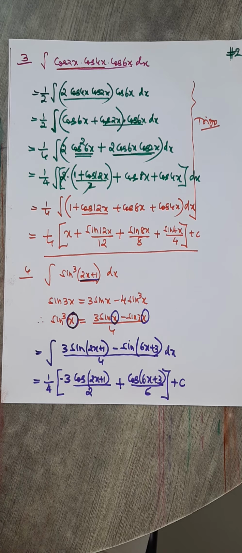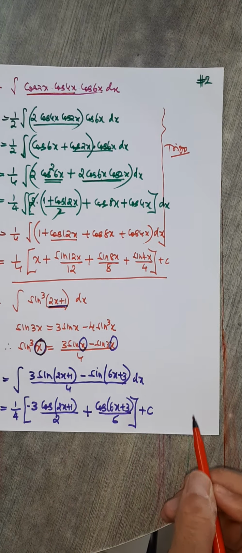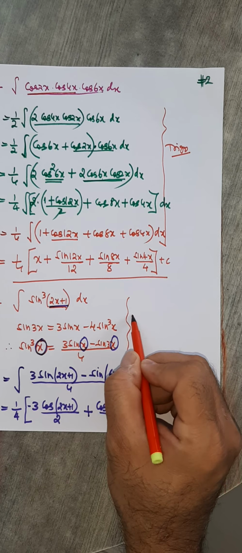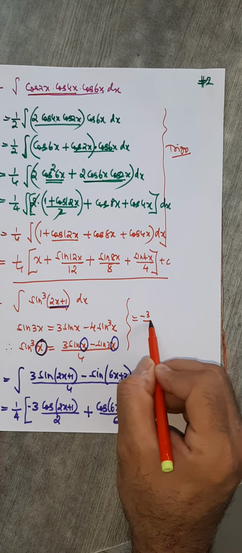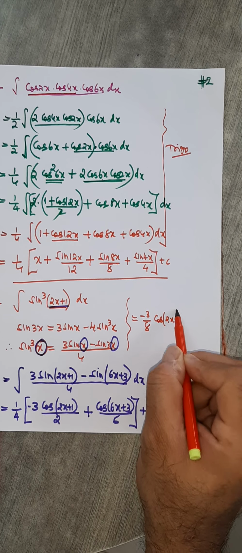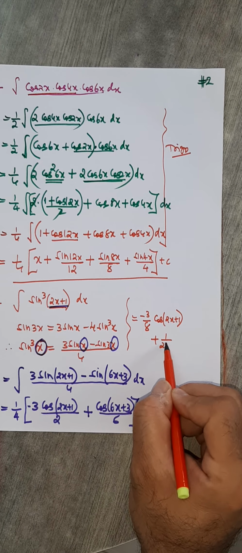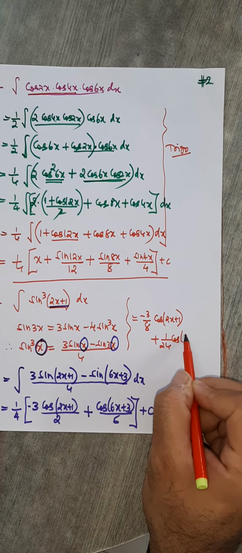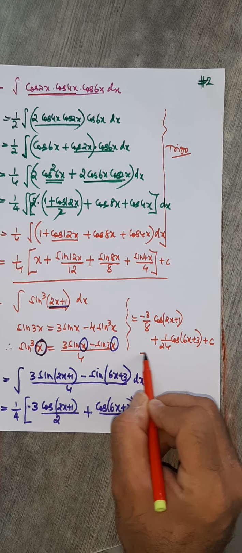Okay, so if I take this 1 by 4 inside, the final answer is finally minus 3 by 8 cosine (2x plus 1) plus 1 upon 24 into cosine (6x plus 3) plus c. This is your final answer.